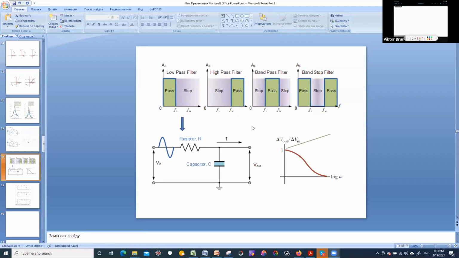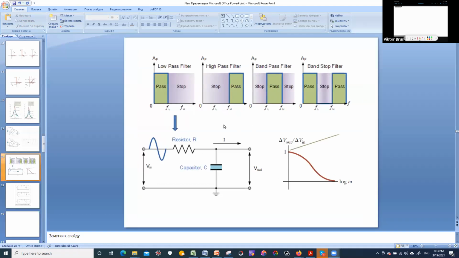Sometimes one needs to cut certain frequencies from passing through an electric circuit in order not to deal with them further, because they don't carry any useful information and can just cause some noise or misinterpretation of our results. So there are different types of filters. Let us consider them here.